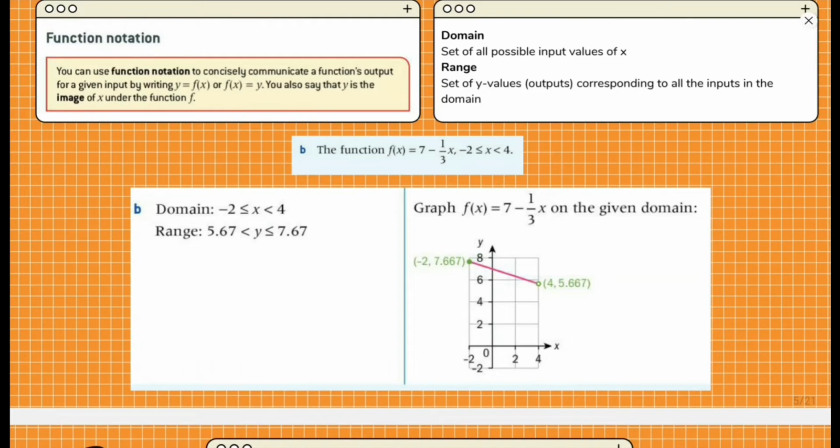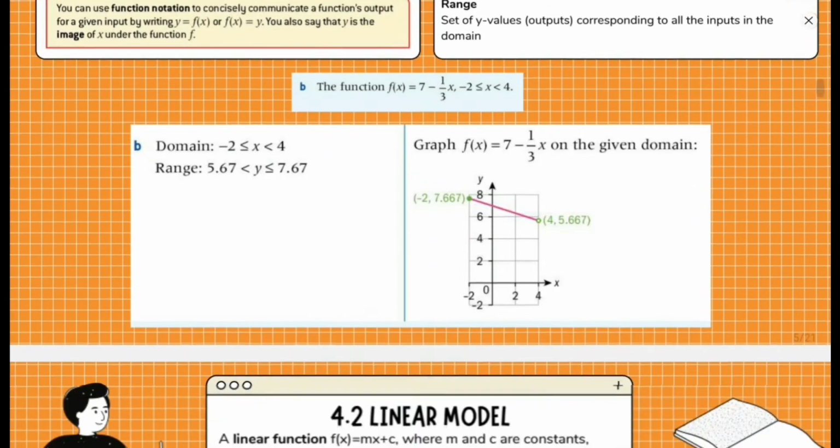Let's substitute x equals 4 into the function, then we will get 7.67. So that is our upper bound. If we substitute the lower domain, which is -2, into the function, we will get 5.67. So the values between the lower bound and upper bound are the values for the range.